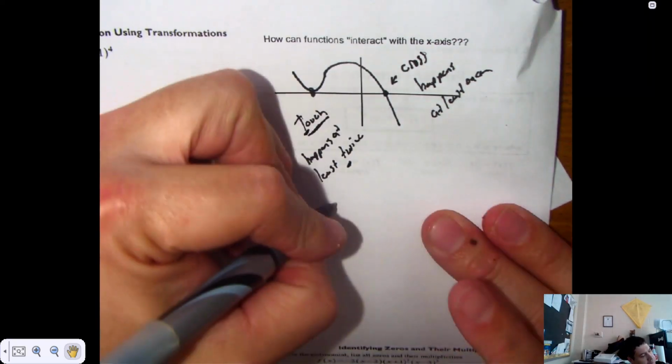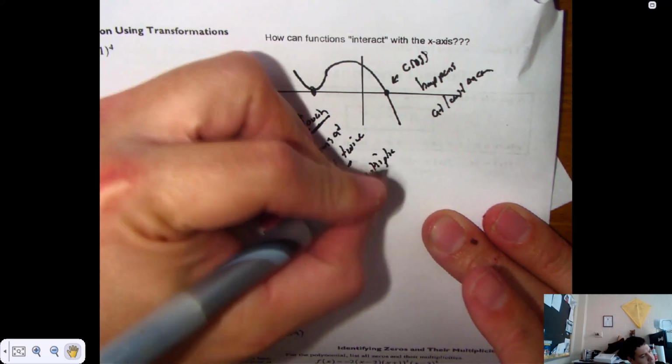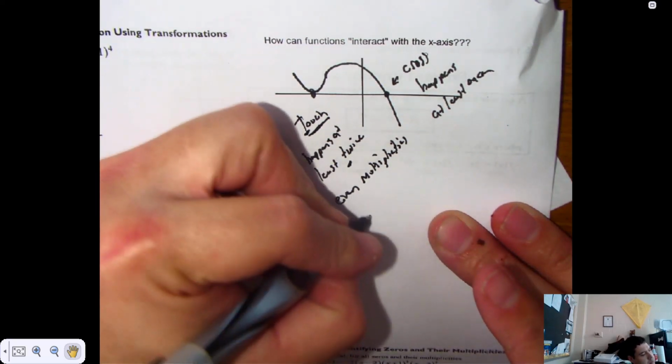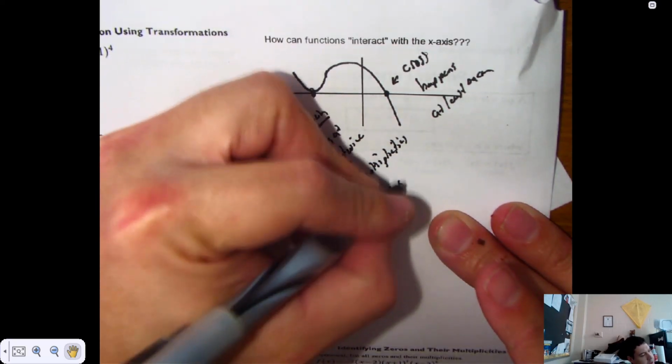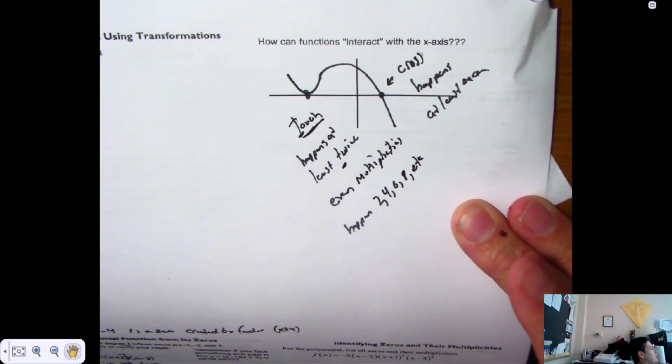Now touches are even multiplicities. Could happen 2, 4, 6, 8, etc. times, as long as it happens at least twice. Can't happen 3. It goes 2, 4, 6, 8, 10, whatever.